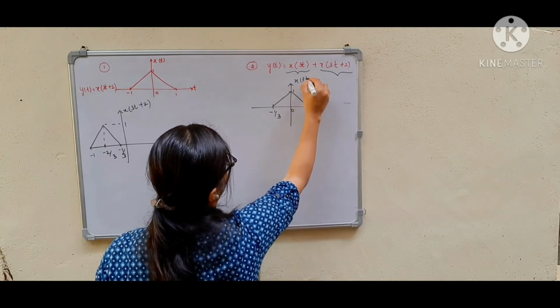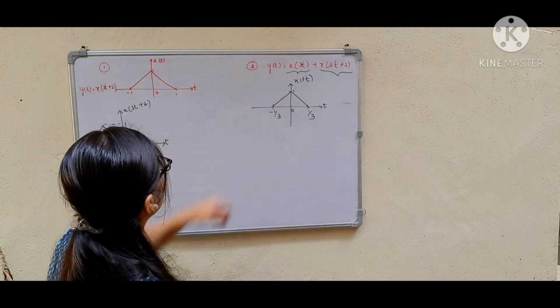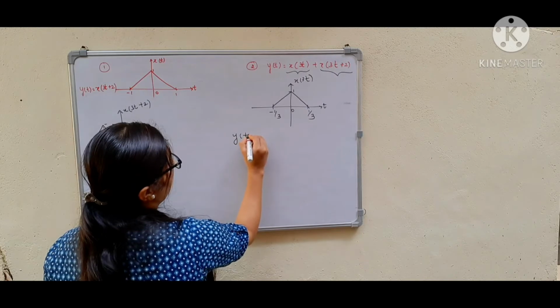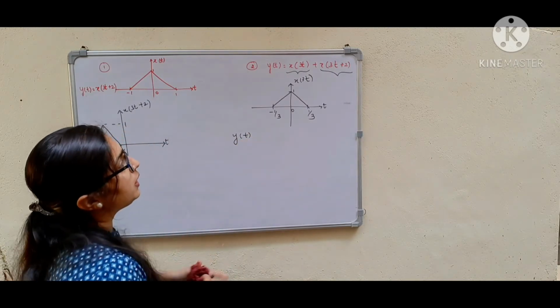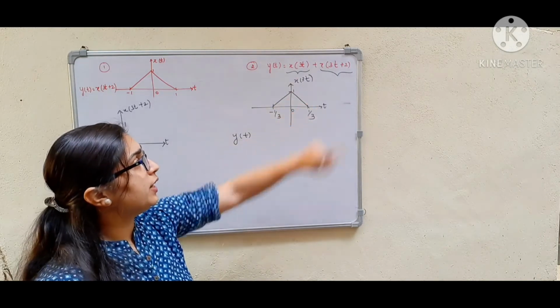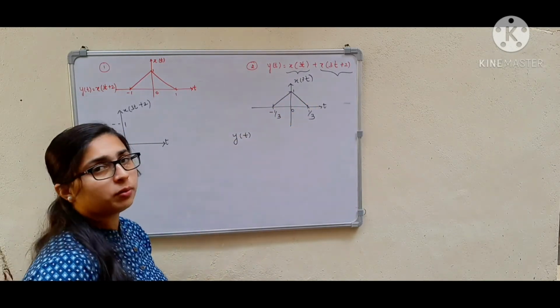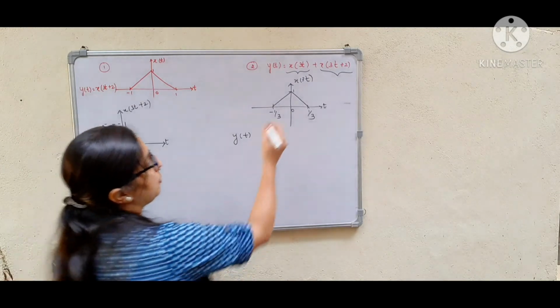X of 3t. Okay, then what happens? We have to find y of t, which is nothing but the addition of these two signals x of 3t and x of 3t plus 2. So this is the operation which is performed on the dependent variable, right?